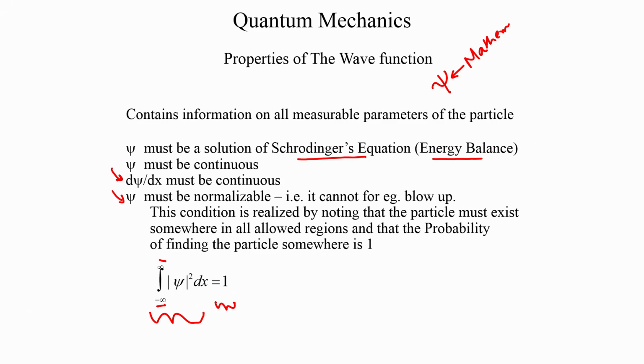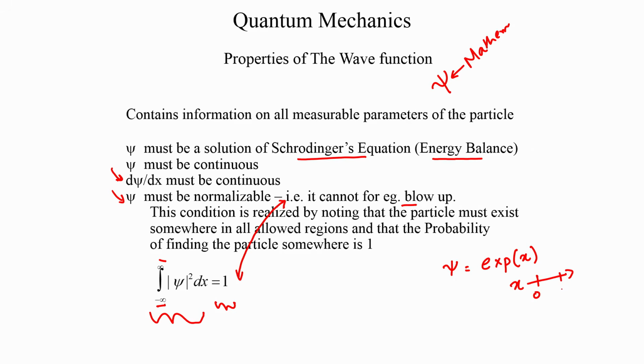And this limitation will imply that the wave function cannot take a nature that will result in it blowing up. What we mean by blowing up is, for example, let us say that the wave function has got a nature that looks like this, which is an exponential of x, and let us say x goes from 0 to infinity.